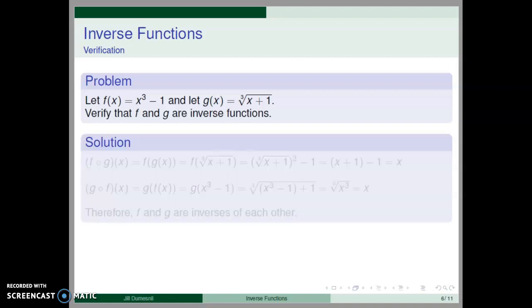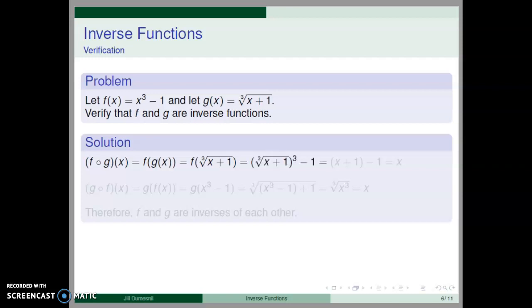For a solution, we'll compute the double compositions and see that f and g undo each other. First, we compute f circle g of x. By definition of composition, we get f of g of x. Since g of x is the cube root of the quantity x plus 1, we have f of the cube root of the quantity x plus 1.